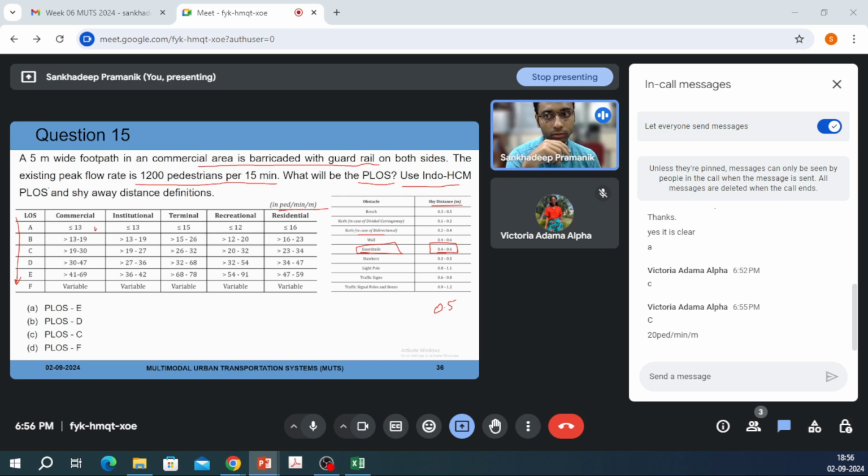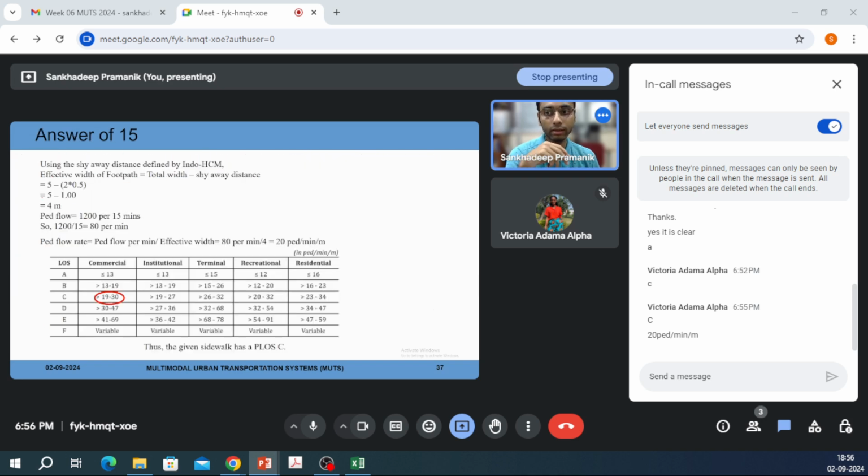Now it is given for the commercial area. In the question it is asking for commercial area, so we'll see only this one. And now we need to calculate the peak hour flow rate, that is in pedestrian per minute per meter, in which the values are given.